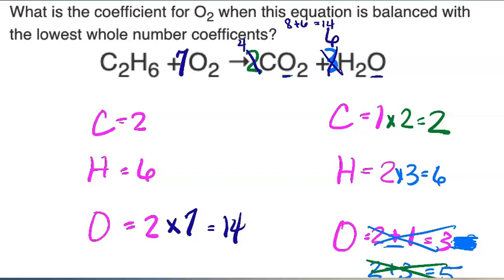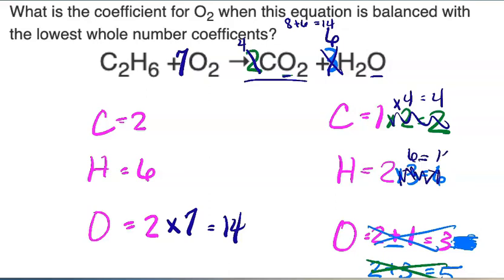Now be careful, we changed a bunch of stuff, so you need to go back and check the other stuff. So I'm going to start over here and say, 4 times carbon. So instead of times 2, we're doing times 4. We get 4. We took care of our oxygens. Now our 6, 6 times 2, or 2 times 6, is now going to be 12.